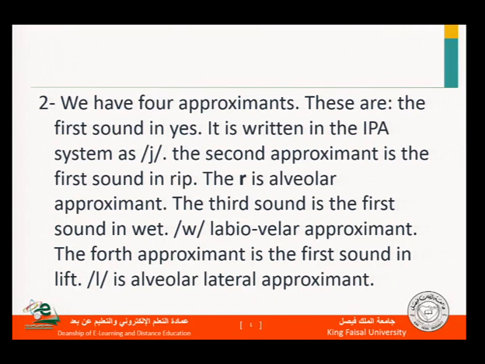So we can call them approximants, or we can divide them into 2 parts, glides and liquids. We have 4 approximants. 2 of them are glides, ya and wa, and 2 of them are liquids. They are the L and the R.